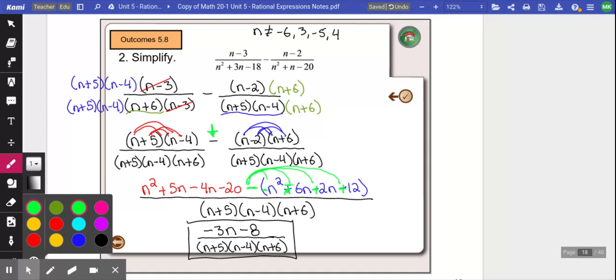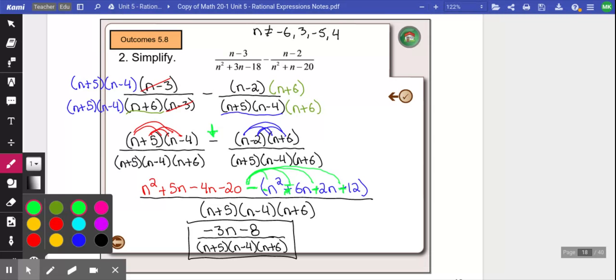Awesome. Once you did that, you should have added all the things together. The n squares cancel out. I have negative 3n's and then negative 8. Common denominator doesn't change. I know I'm done because there's one fraction. After the one fraction, I then have no factoring that can be done, and then I have no binomials that can cancel with other binomials.